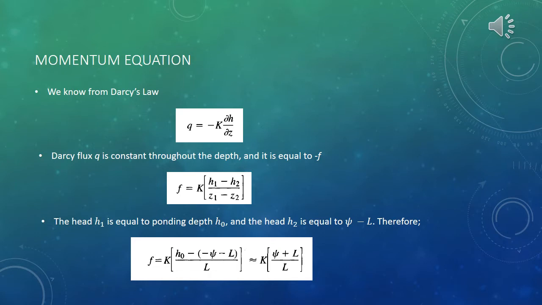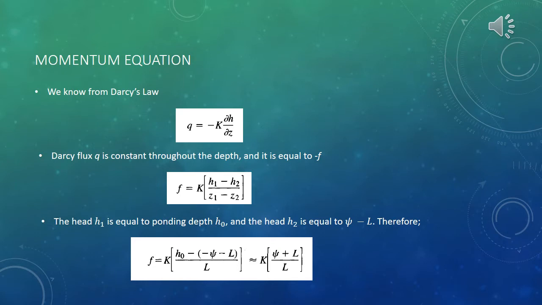If we plug in minus F instead of Q, we get F equal to K, the hydraulic conductivity, times delta H over delta Z, which is H1 minus H2 over Z1 minus Z2, the change of head over the elevation.